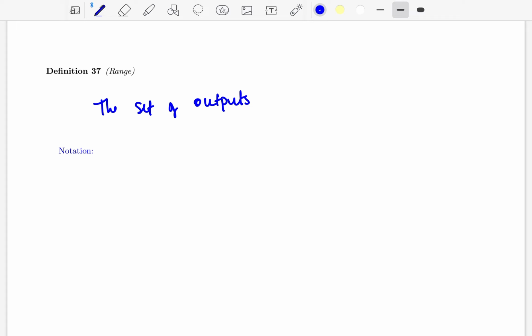So you can even write this as the set of f of x, y's, such that the point (x, y) lives in this little domain, which is a subset of R2.